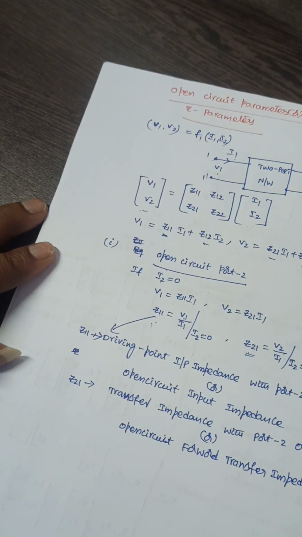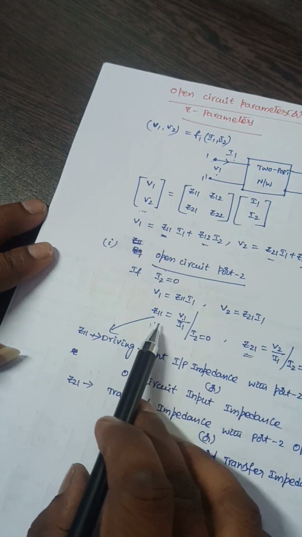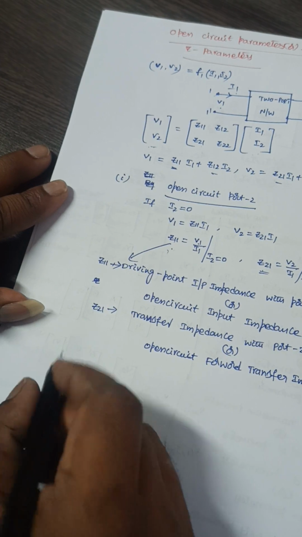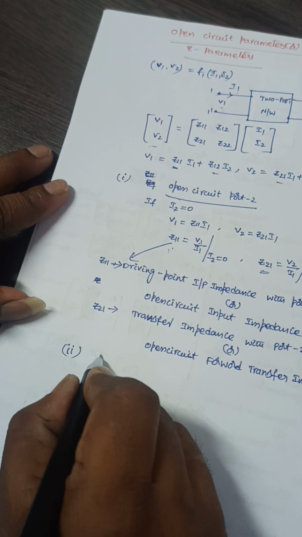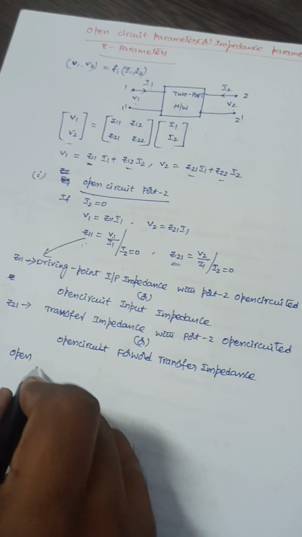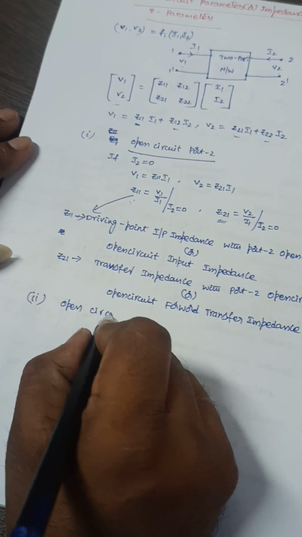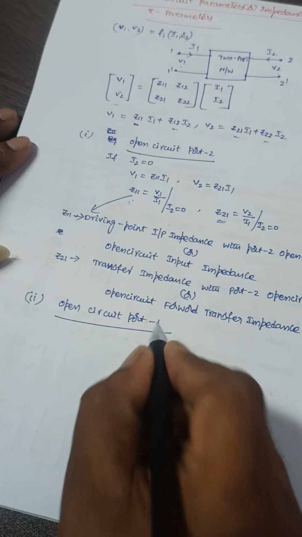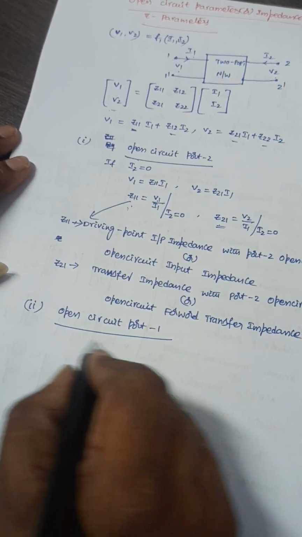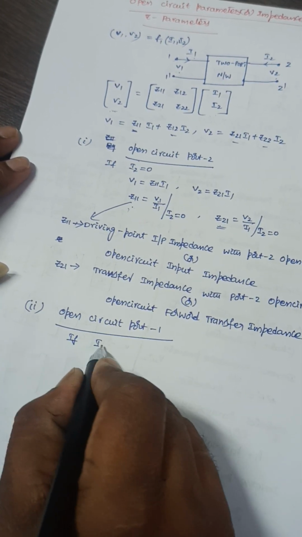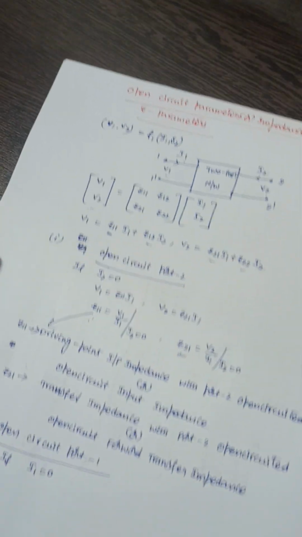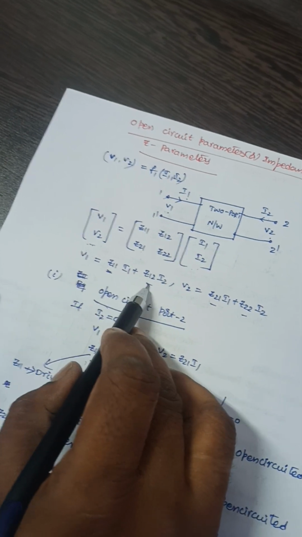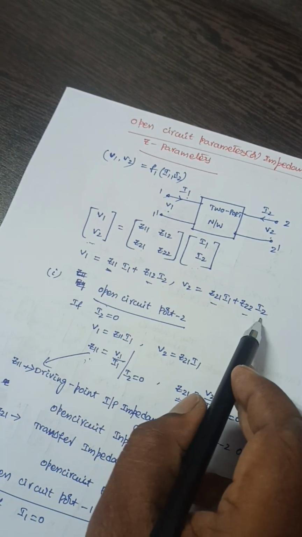That means by opening port 2, I am able to calculate the Z11 and Z21 parameters. Next, the second one is open circuit port 1. If I open circuit port 1, what happens here? If I1 is equal to 0 in these equations, V1 is equal to Z12 into I2, and V2 is equal to Z22 into I2.